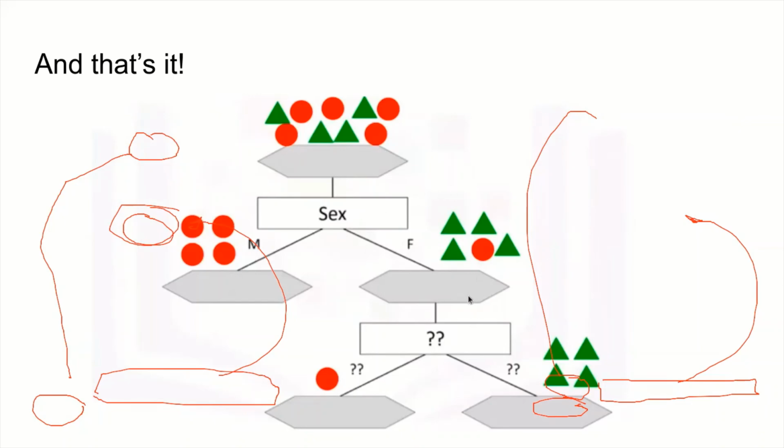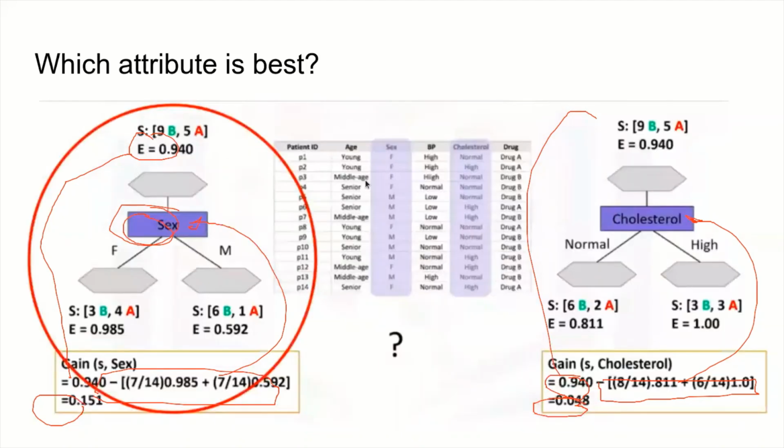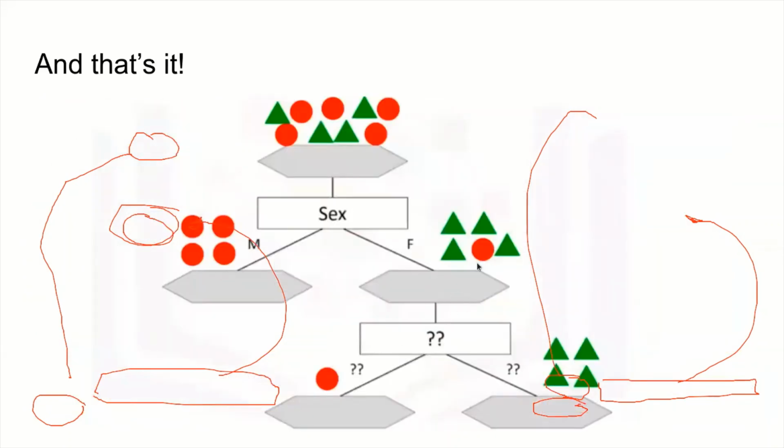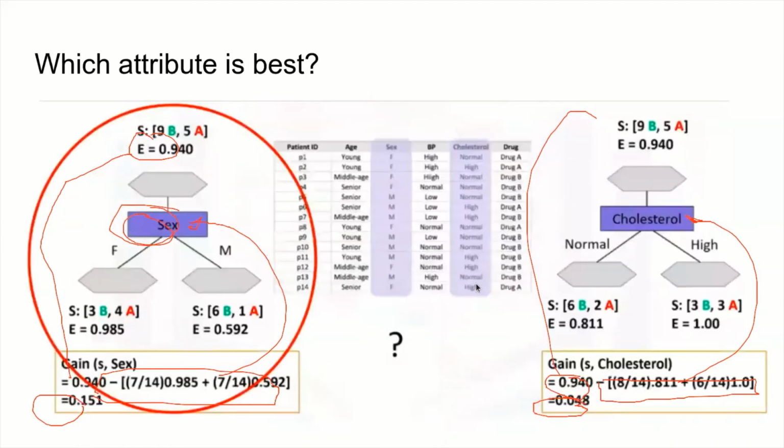And we will repeat the same process with all the variables, except the one that we've chosen, i.e., in this internal node, we will take into account the age, the blood pressure, and cholesterol. And that's it. Sex not, because it won't have any importance.